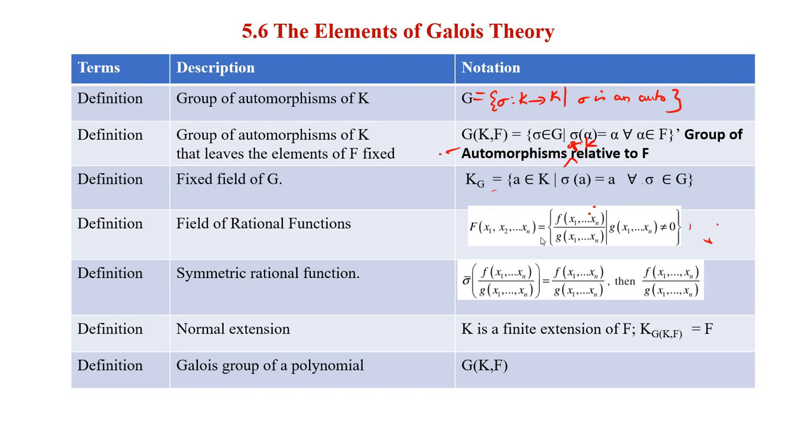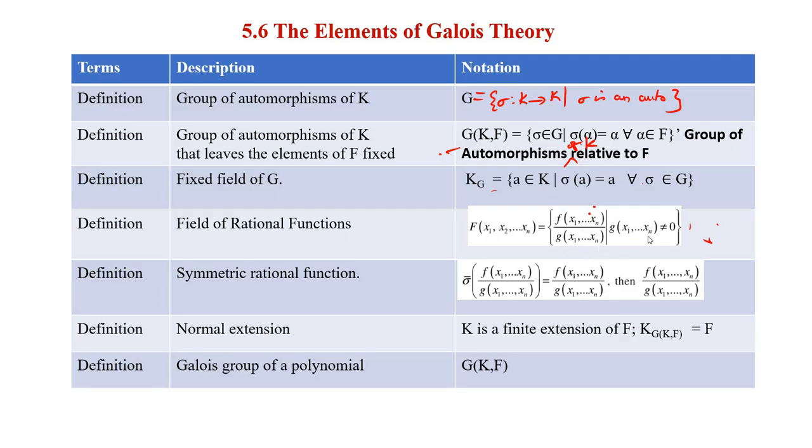When that topic comes, we will have a better explanation. Right. As far as the introduction is concerned, it is enough that we know what this notation stands for. It is F of x1, etc., xn, which is nothing but the collection of all rational functions of f by g format.